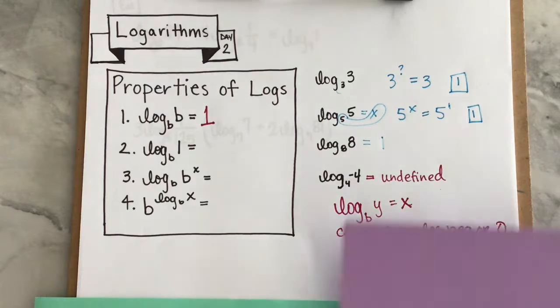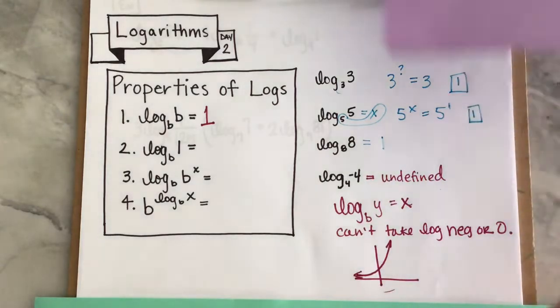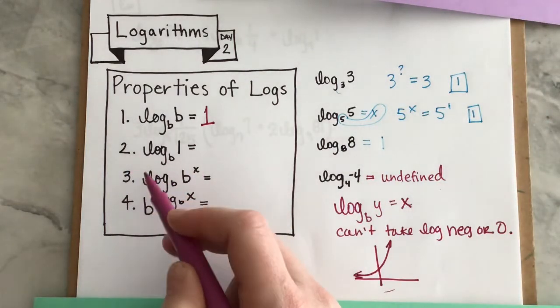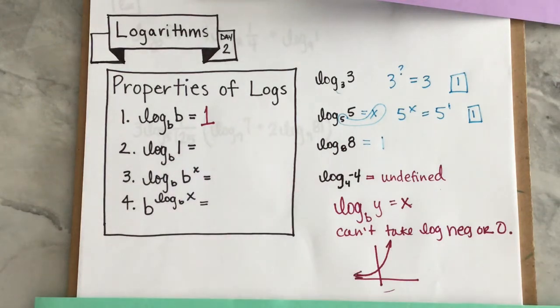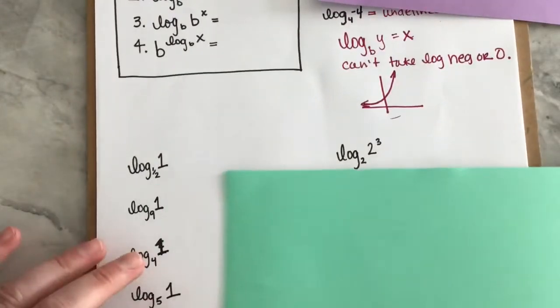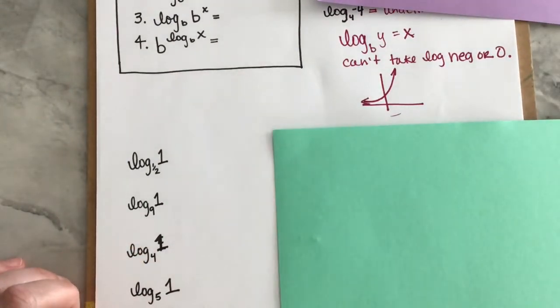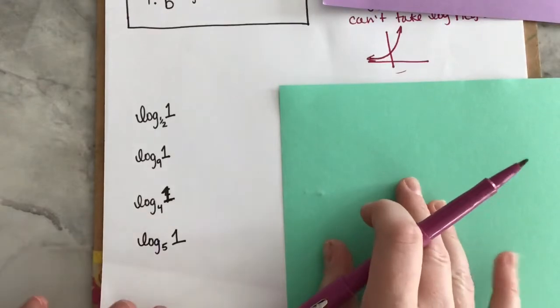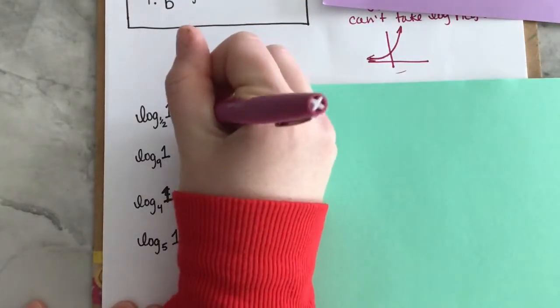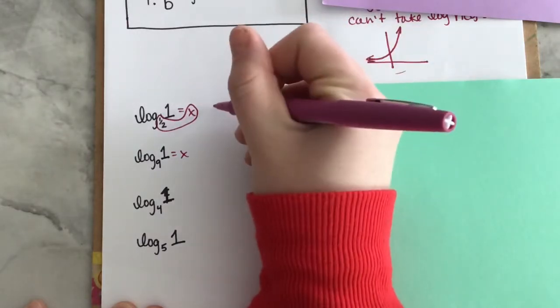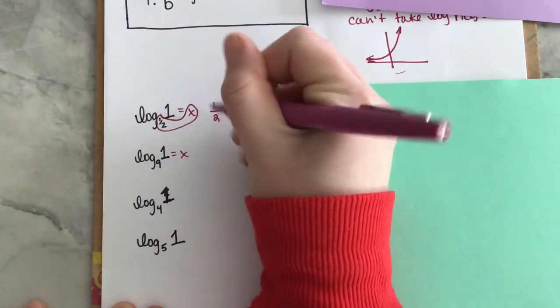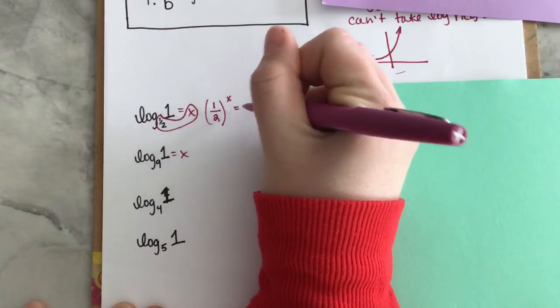All right, so now we get to property number 2. Log base b of 1 equals something. So let's take a look here. Now, if I set this equal to x, and I change it to exponential form, I have 1/2 to the x equals 1.